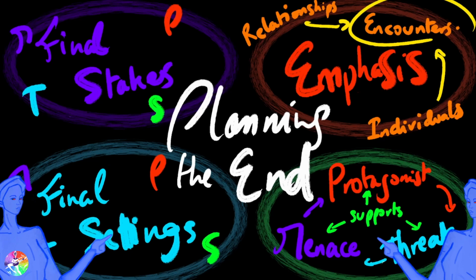So a new setting in chapter 8, a new setting in chapter 9, or a new setting in chapter 10, or just one in chapter 8 and chapter 10. You're free to establish whichever combination you want. All you have to remember is you need to have at least one final setting, because if not, you don't have an ending.